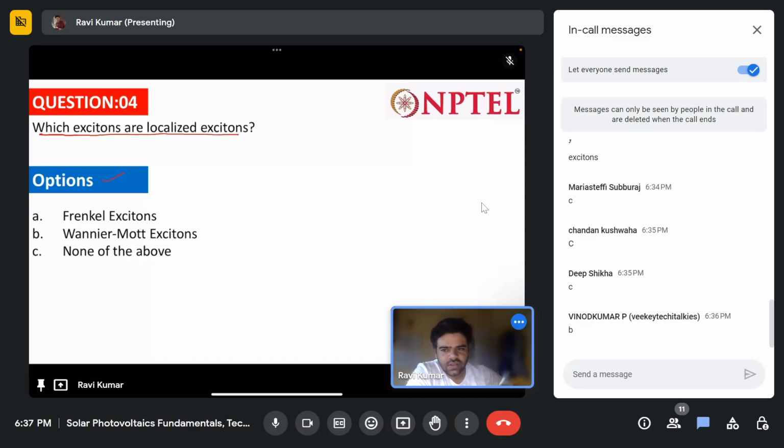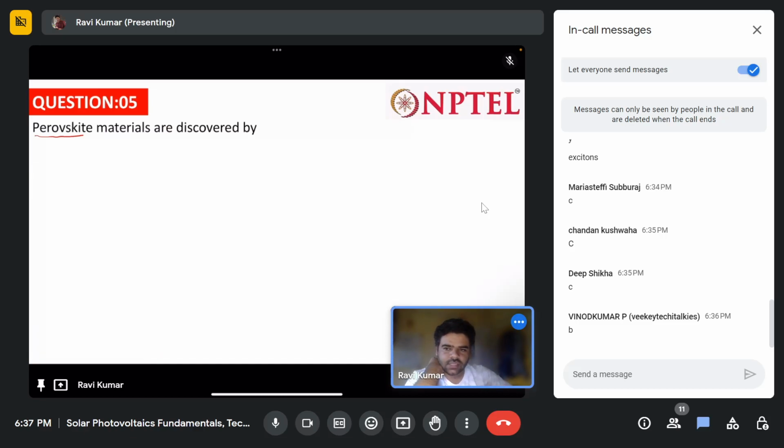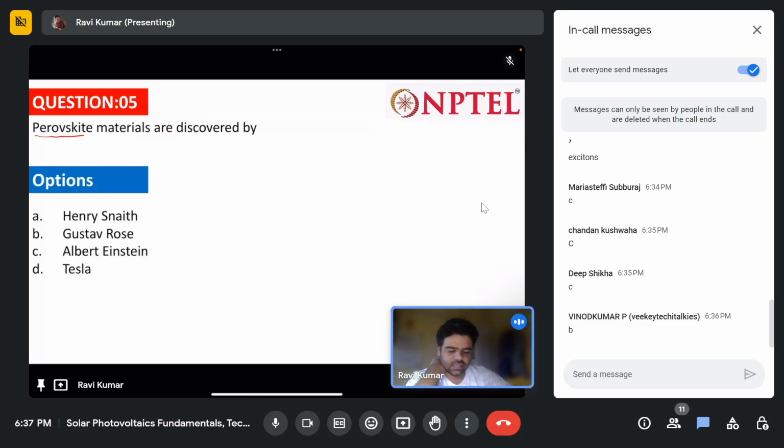So these are Frenkel excitons. This is the name of a scientist only. So next question says, perovskite materials are discovered by. This is also a factual question.